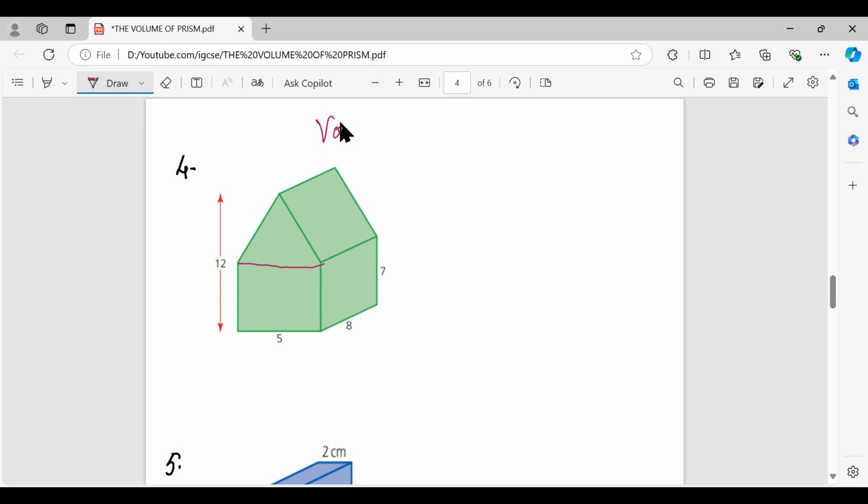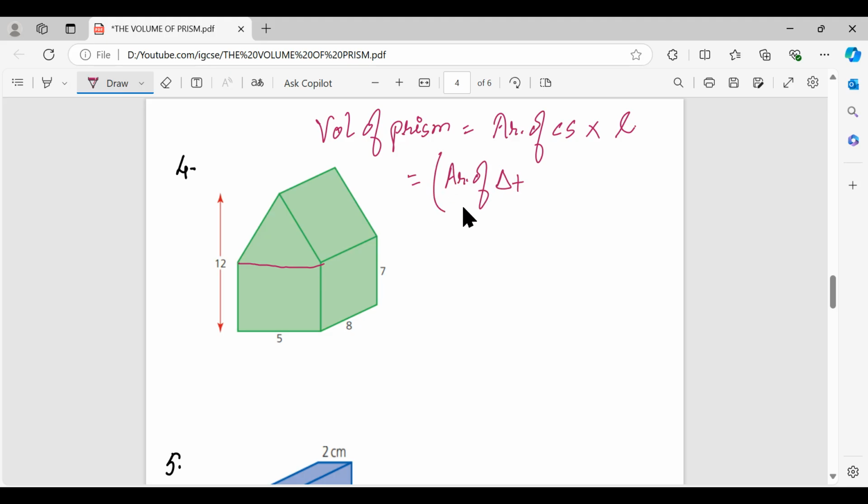The same rule applies here: volume of prism equals area of cross section times length. The area of cross section here is the area of the triangle plus the area of the rectangle, and then times the length. This is the length we have to consider.